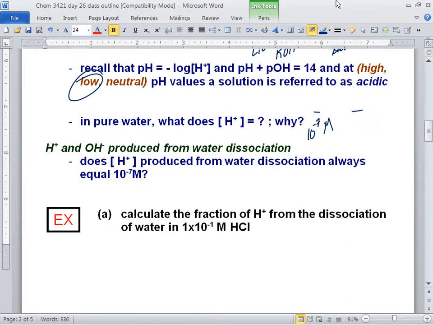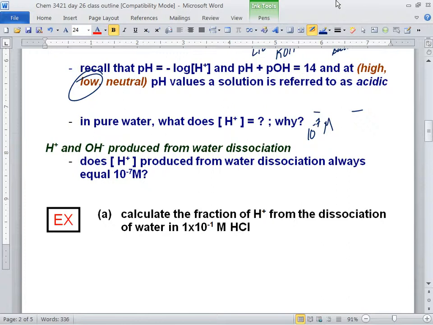One of them is water, one is phosphoric acid, one is carbonic acid. Then you end up getting this total hydrogen ion concentration. So the question I'm trying to ask is, that contribution from water dissociation, is it always 10 to the negative 7 at 25 degrees Celsius? What do you think? Brandy says no. She's right. It's not.